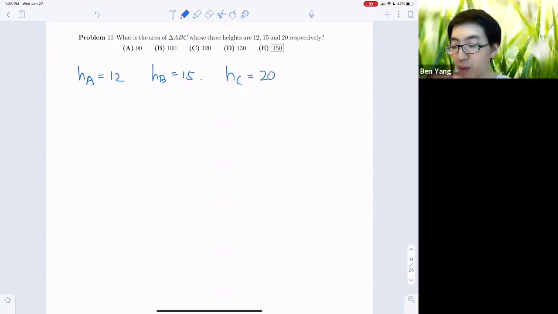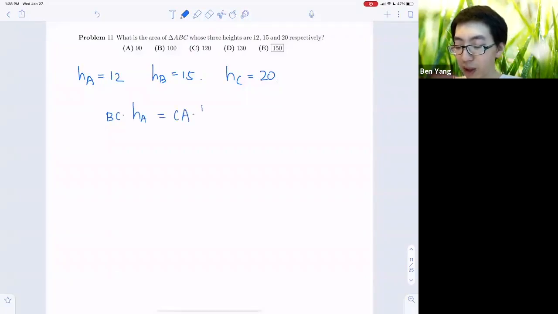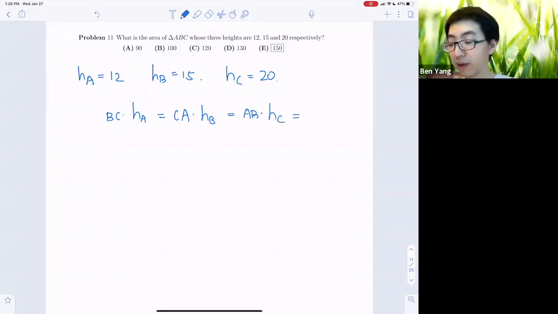Now we have the nice relationship that BC times HA is equal to CA times HB, which is equal to AB times HC, because each of them is twice the area of triangle ABC. Let's say the area is S. So they're all equal to 2S.